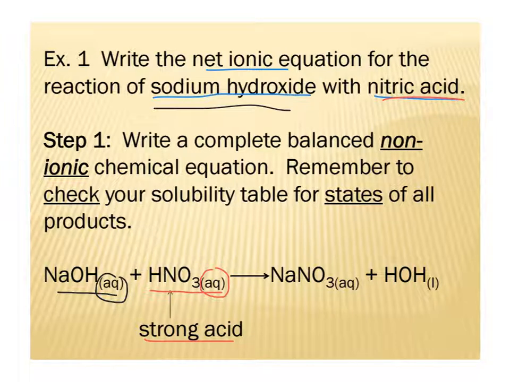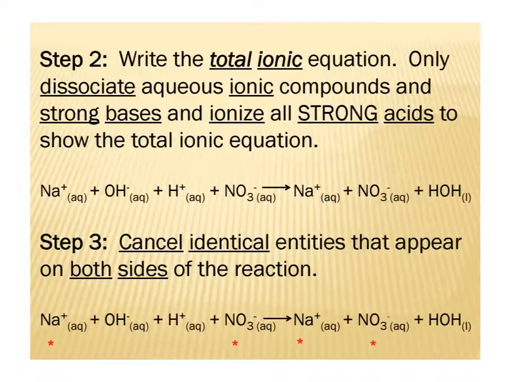The water, HOH here, is formed from the reaction of the hydroxide from sodium hydroxide and the H from nitric acid. So HOH, you have to remember, is a molecular compound, and it will not ionize or dissociate to any great extent when we're writing our total ionic equation in the next step.